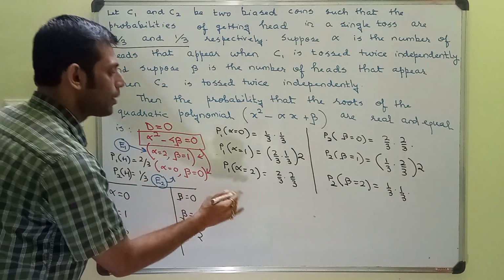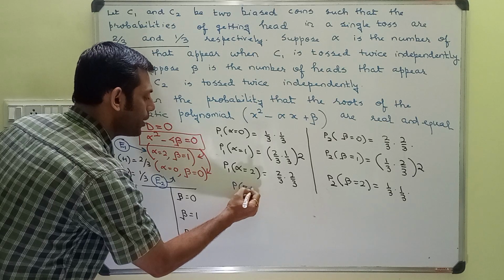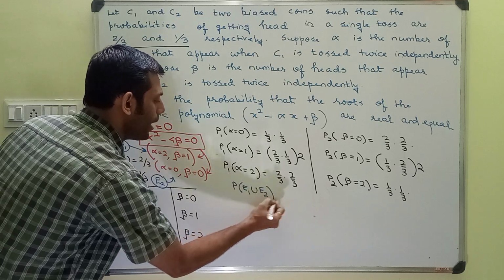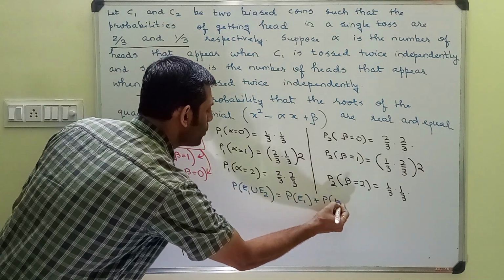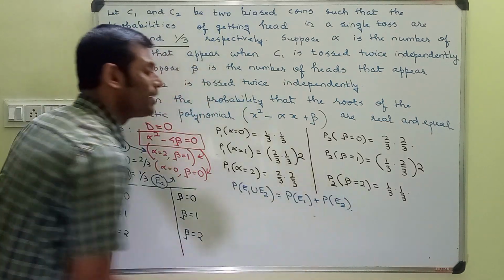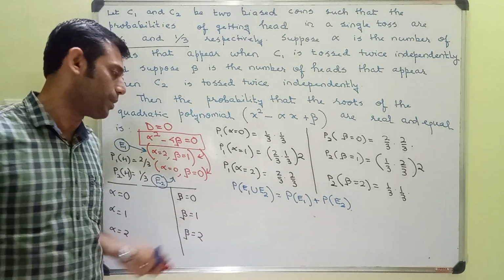Then our requirement is probability of event E1 union event E2, and that is probability of E1 plus probability of E2, and there is no intersection between these two events, so E1 intersection E2 is not going to be counted.